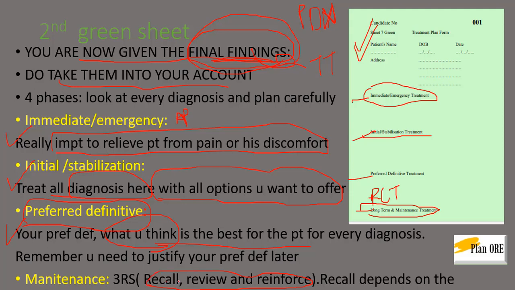The recall is the time period like 3 months or 6 months depending upon the risk the patient is at. Review is all the treatment you have done, you will review it. Like you will review the root canal treatment, the oral hygiene status, the smoking status and so on. And the reinforce is you will reinforce the oral hygiene advice or the denture hygiene advice.